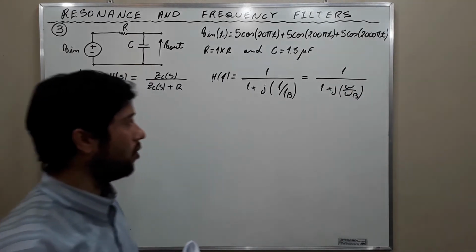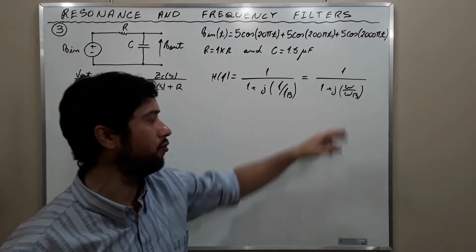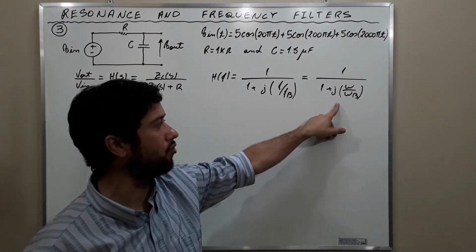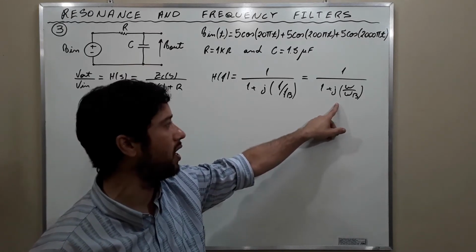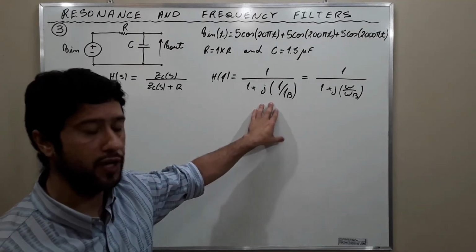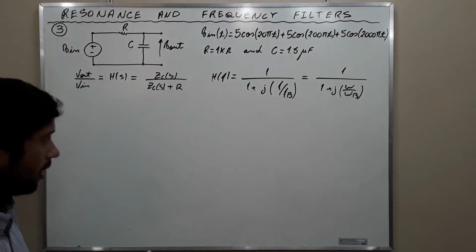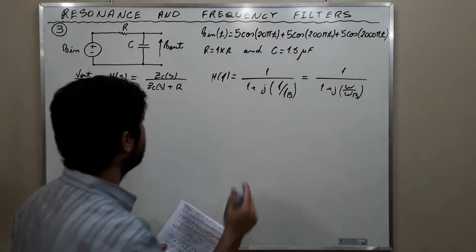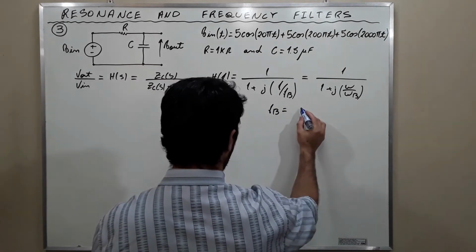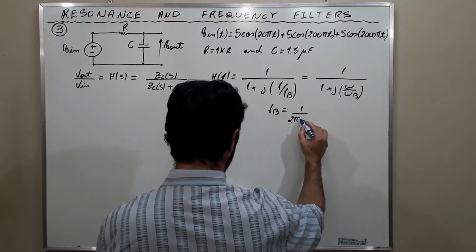We are going to use this, but if you are more accustomed to this, if your teacher in college taught you using this, it is the same. I am just telling you that there is another way of seeing the problem, and we are going to use this instead here. And fb is equal to 1 over 2 pi RC.